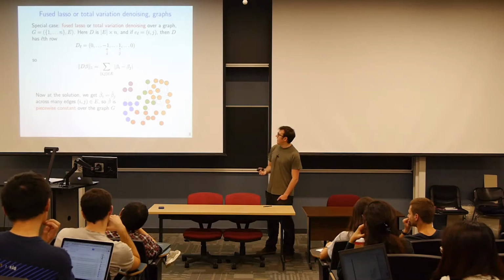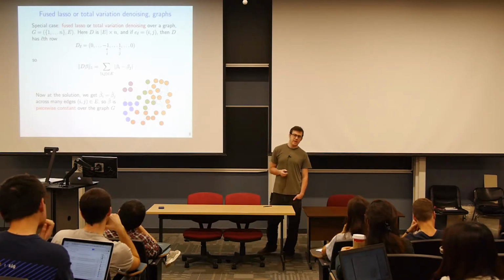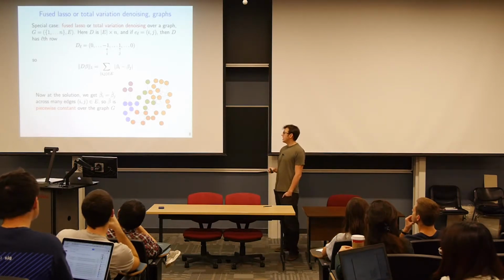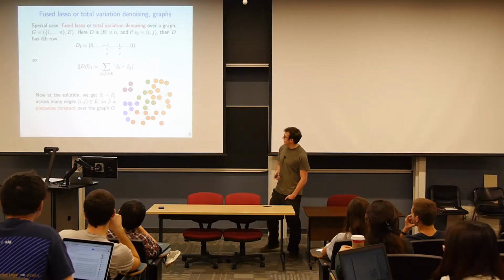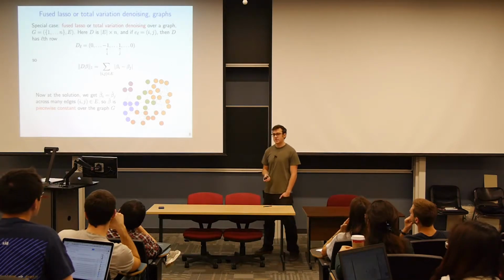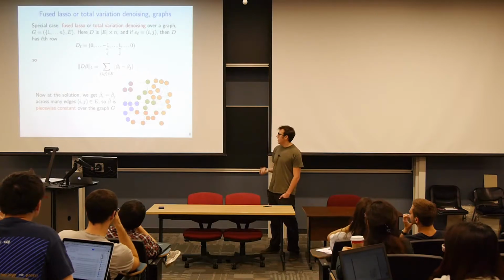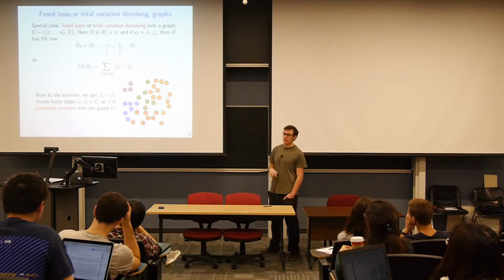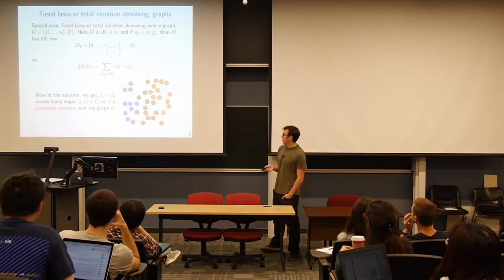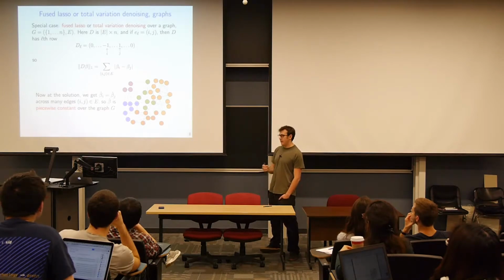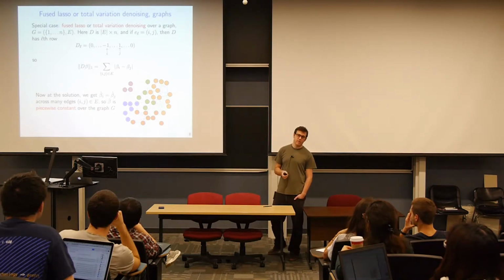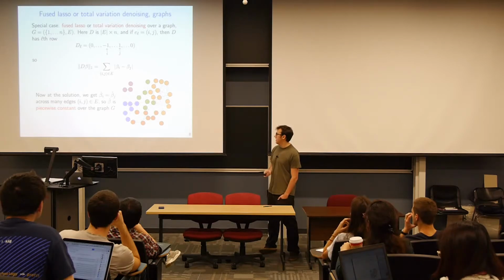Here we have a D matrix where the number of rows in D is the number of edges, and essentially D corresponds to the incidence matrix for this graph. And so now we have this piecewise constant structure applied over this graph, and we expect many of the adjacent vertices in the graph to take on the same value.